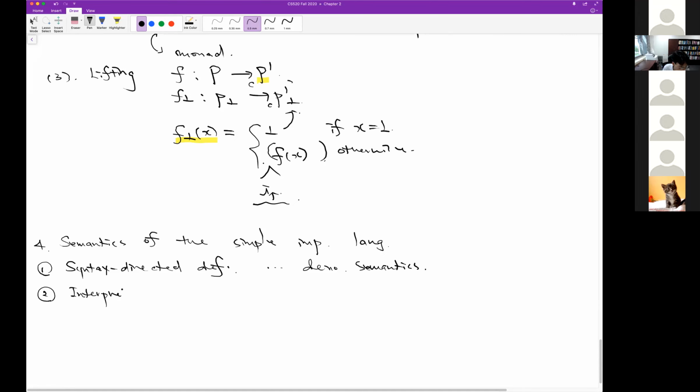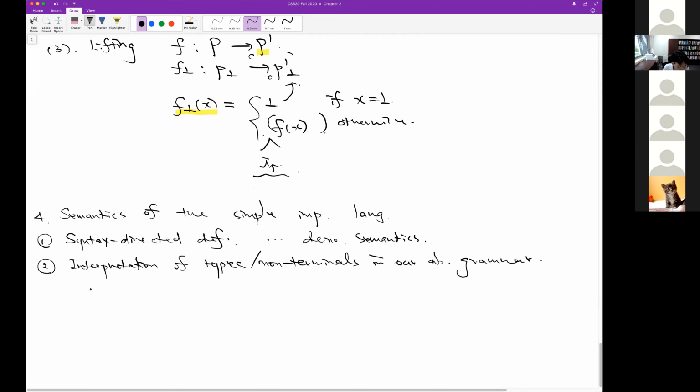I mean the following. In this case, types correspond to non-terminals in our abstract grammar. So what are the non-terminals we have? One is called integer expression.